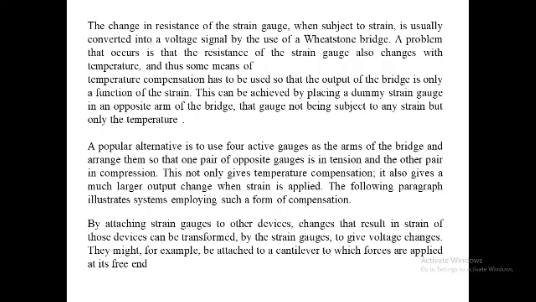When an object deforms within the limit of elasticity, either it becomes narrower and longer or it becomes shorter and broader. As a result, there is a change in the resistance end to end. The strain gauge is sensitive to these small changes in the geometry of the object.